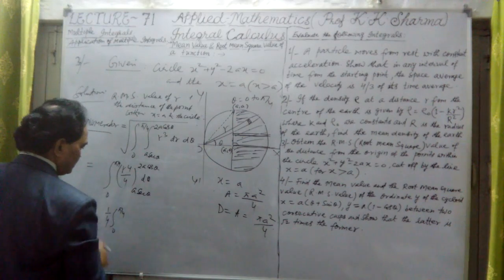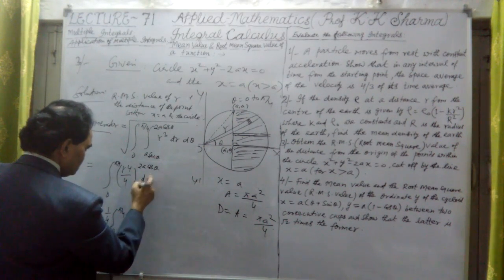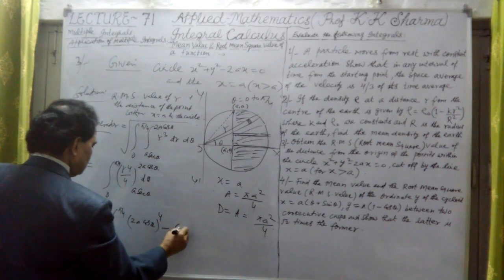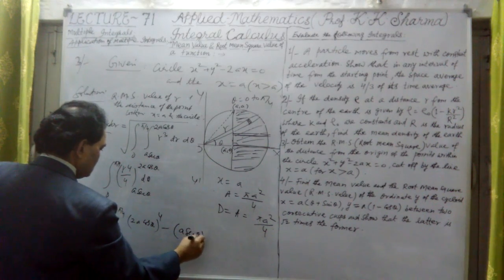So 1 by 4 is taken common. The r to the 4 is this, that means twice a cos theta whole 4 minus a sec theta whole 4 d theta.